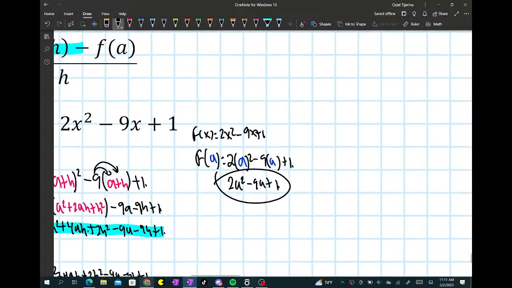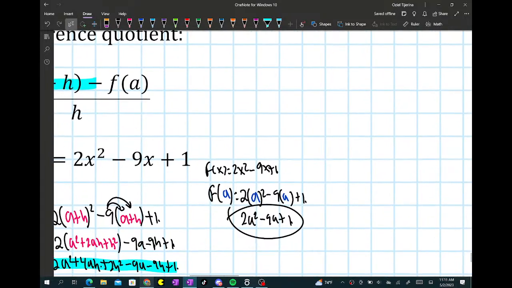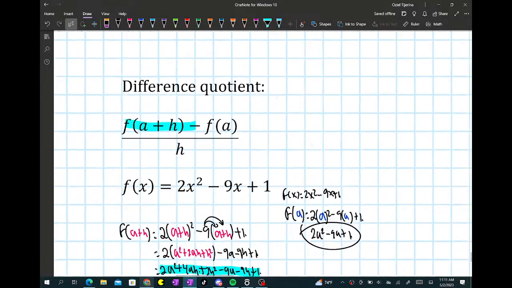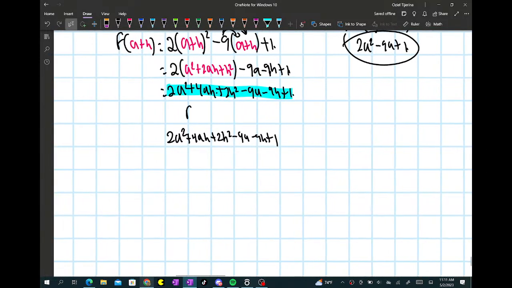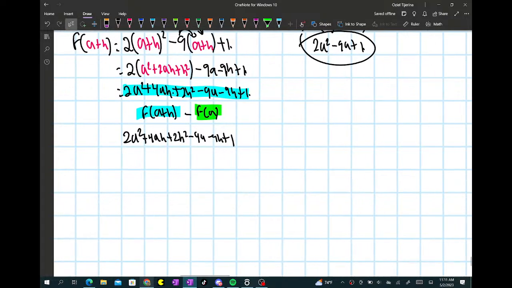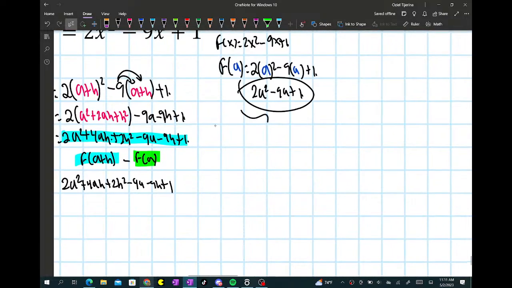and then minus, so it's f of a plus h, this is what this is, minus f of a, which is gonna be this part. So f of a, like I said, was this.